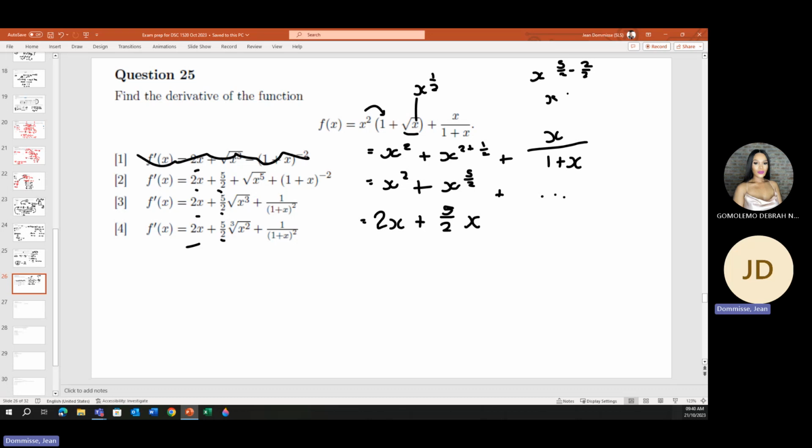So that will become x to the 3/2, and then that you can write as x to the 3. Because again, that will come in and you will be able to divide by 2.